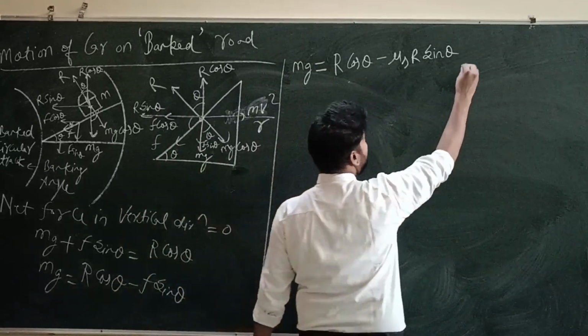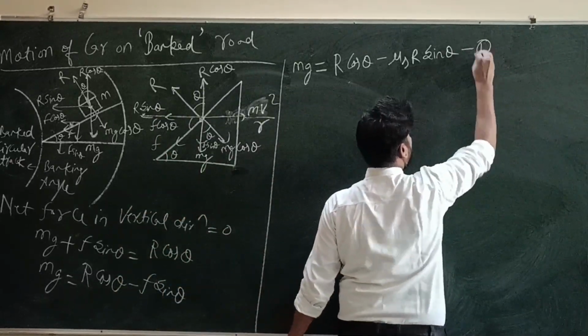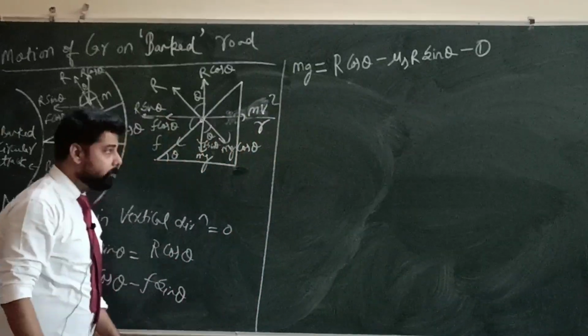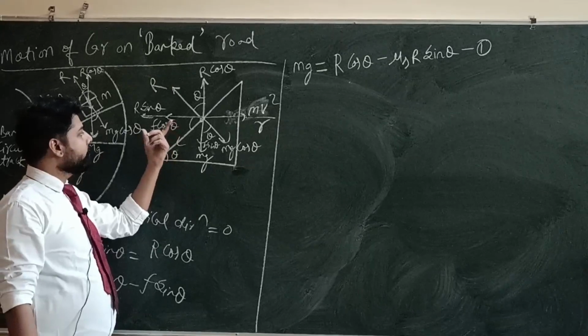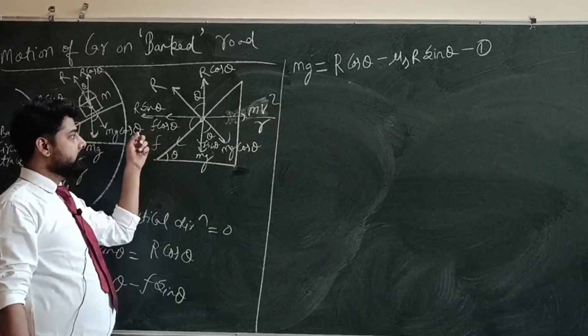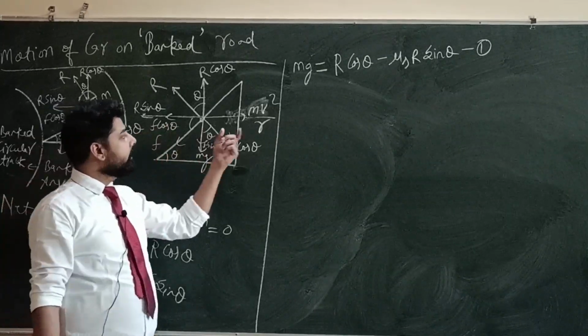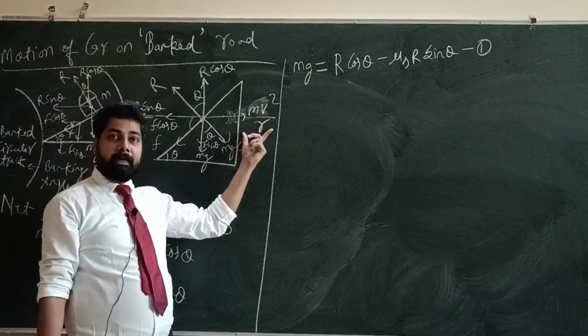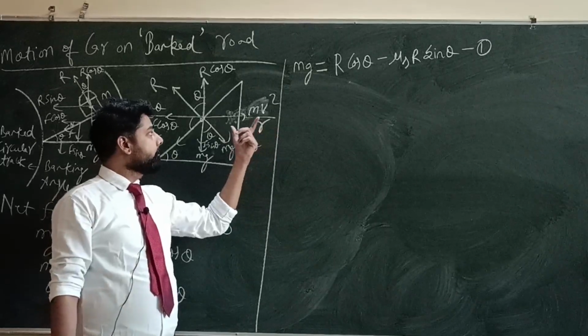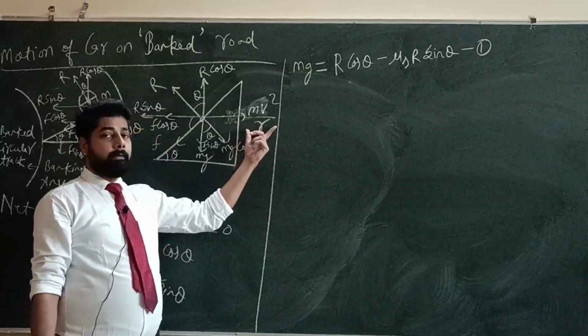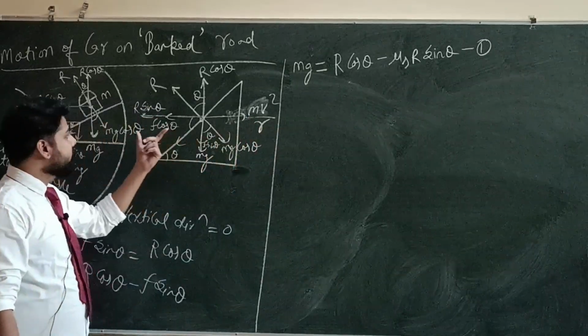This is the first equation. Now the net force in the horizontal direction on the left-hand side must equal the net force on the right-hand side, so the centripetal force equates these two forces.